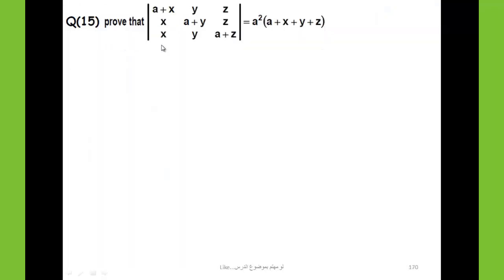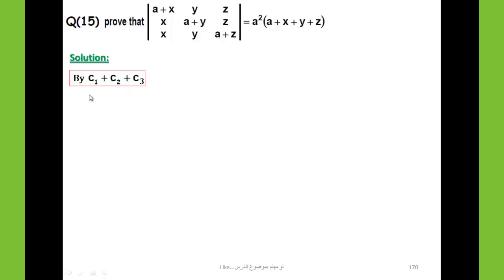Prove that the determinant with rows (a plus x, y, z), (x, a plus y, z), (x, y, a plus z) equals a square multiplied by (a plus x plus y plus z). Okay, we will solve this determinant without expanding it, using the properties.